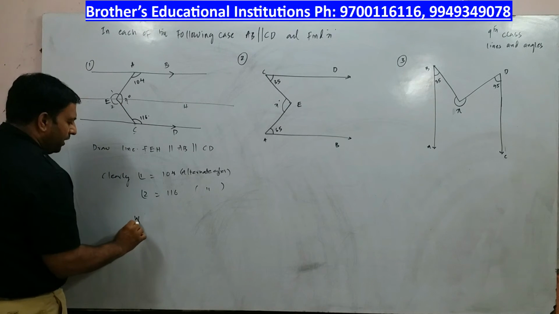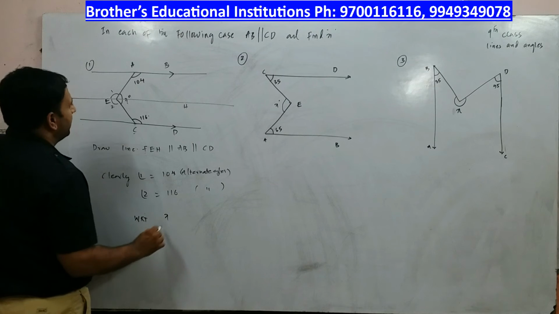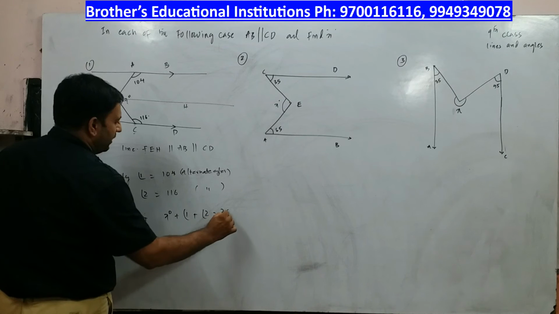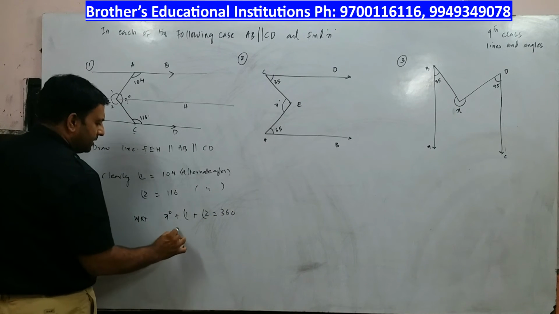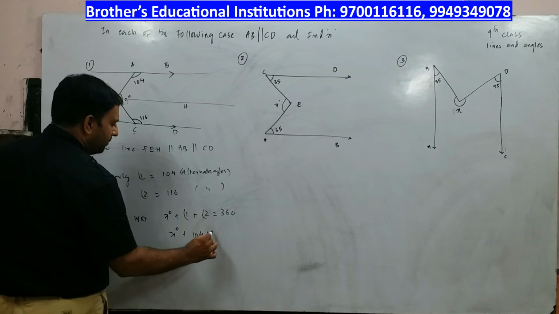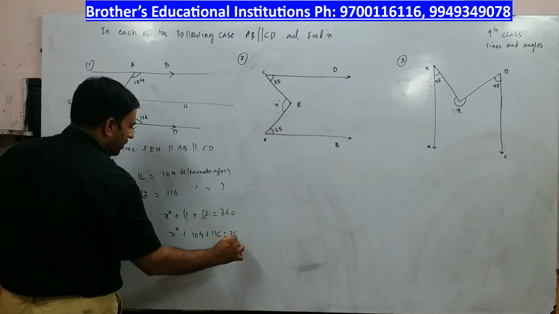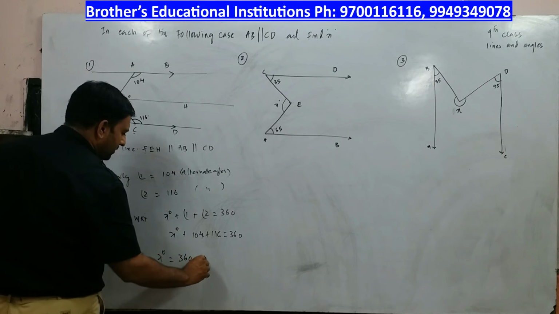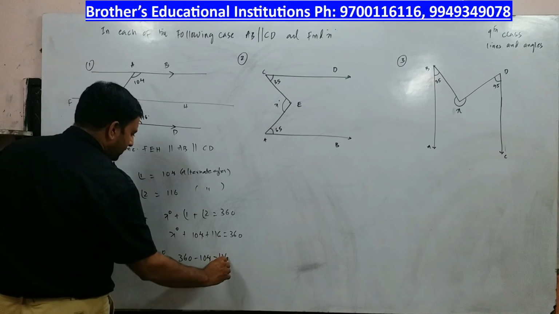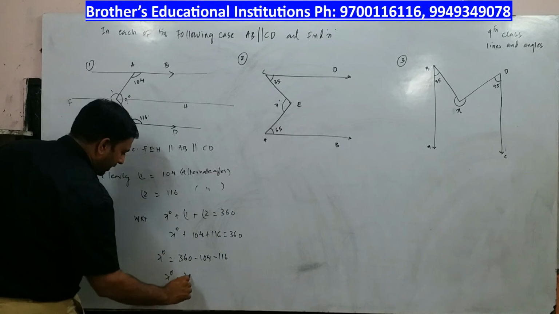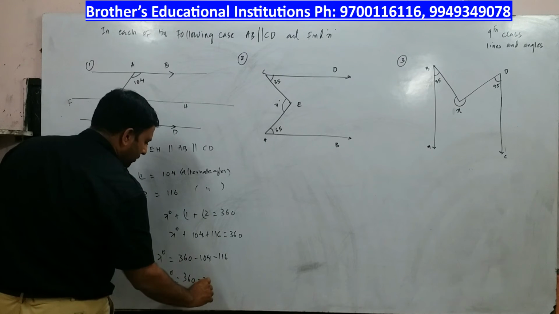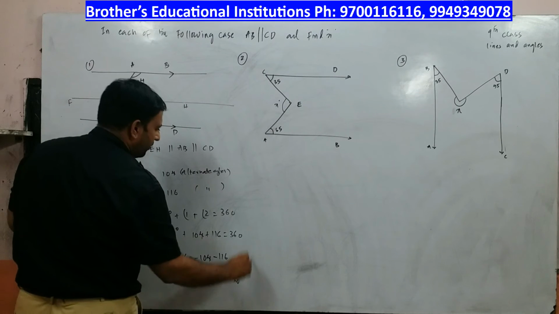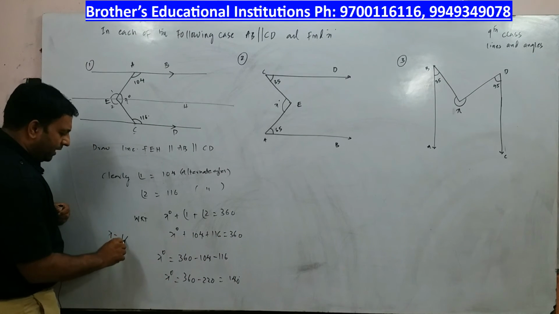We know that X degrees plus 1 plus 2 is equal to 360 degrees. So X plus 104 plus 116 is equal to 360 degrees. So X is equal to 360 minus 104 minus 116, which is 360 minus 220, which comes to 140. So therefore X is equal to 140.